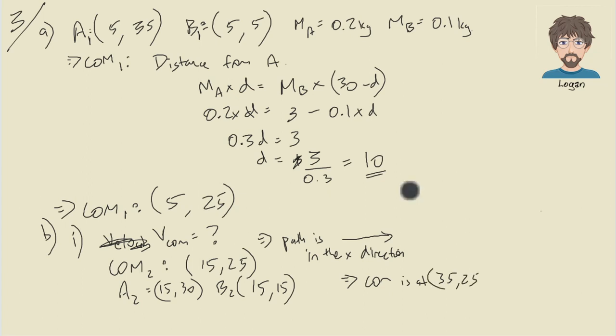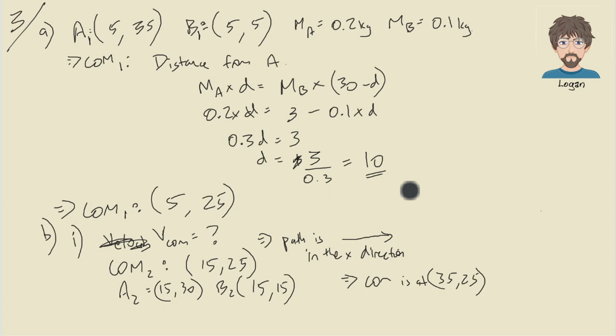The main thing we worked out was that the centre of mass was simply tracking to the right 10 centimetres each frame. And so we're now at 35, 25.